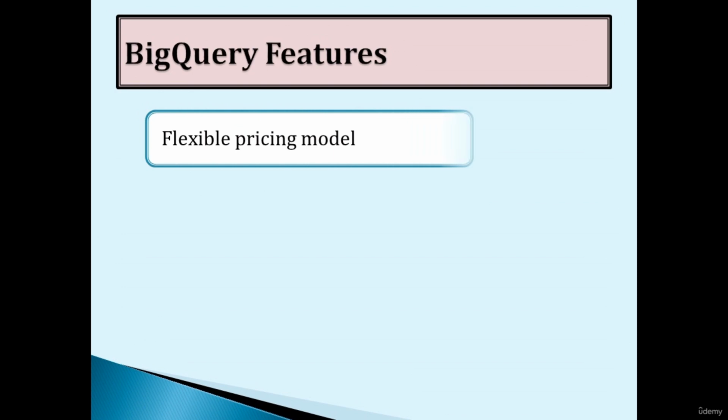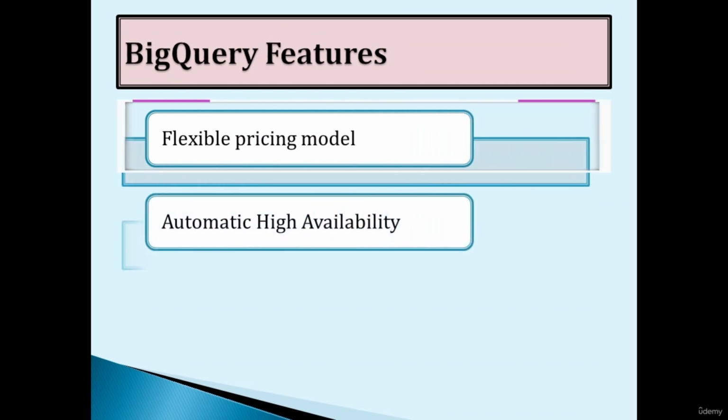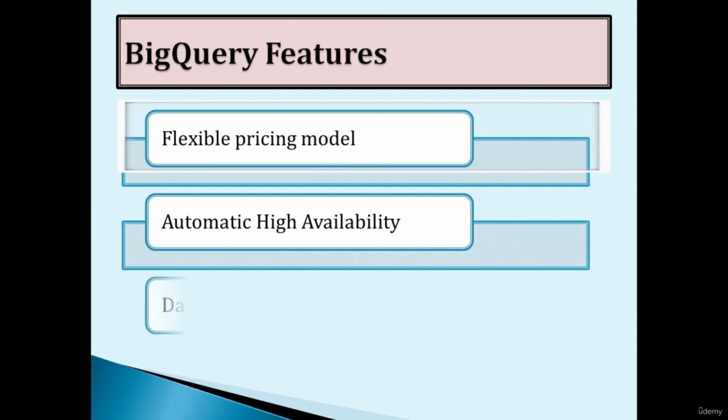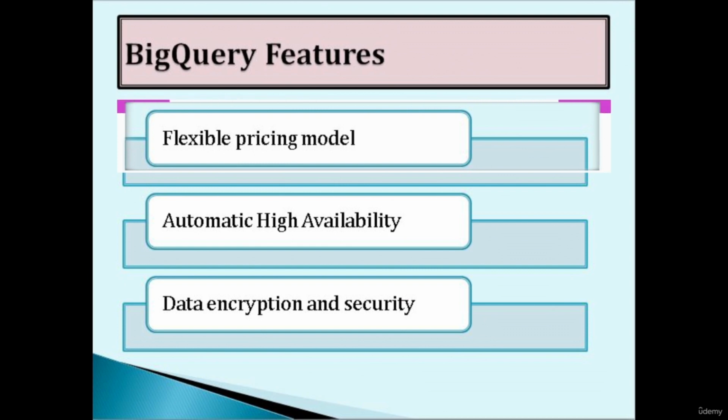Fourth is flexible pricing models. BigQuery enables you to choose the pricing model that best suits you. On demand pricing lets you pay only for the storage and computation that you use. Flat rate pricing enables high volume users or enterprises to choose a stable monthly cost for analysis.